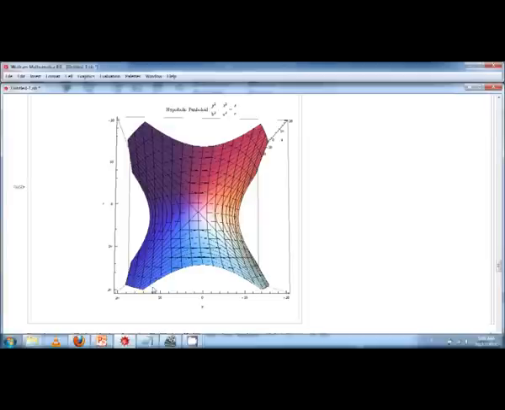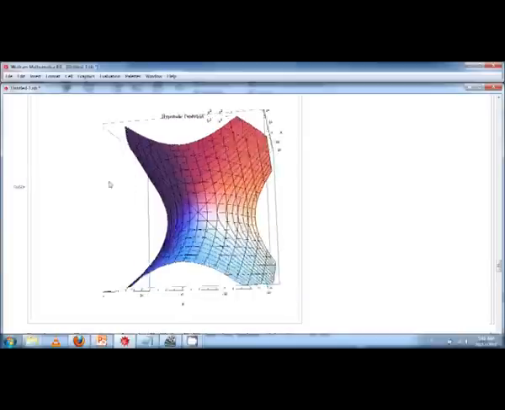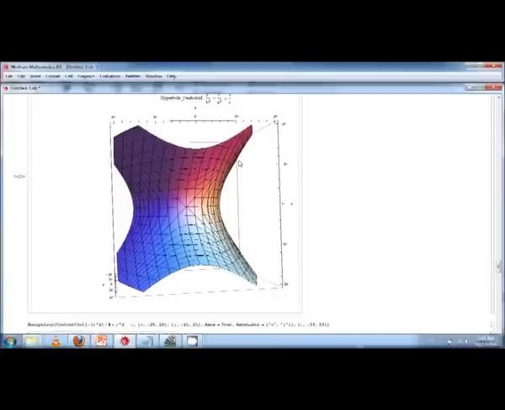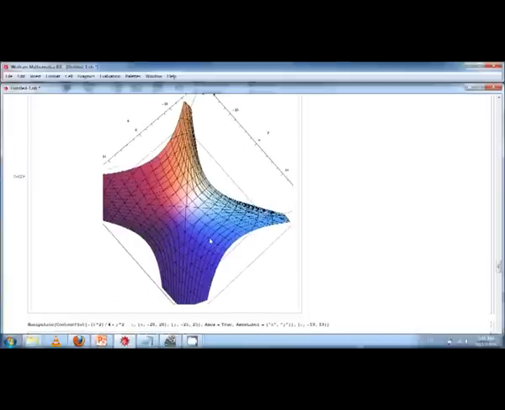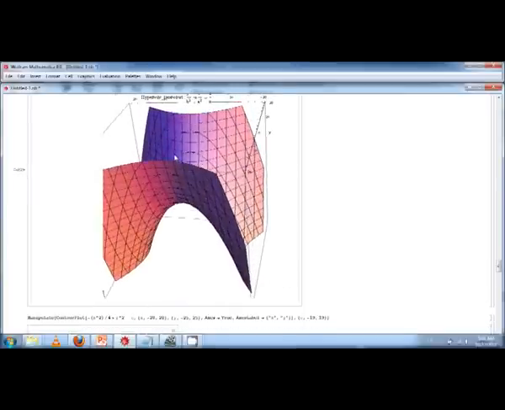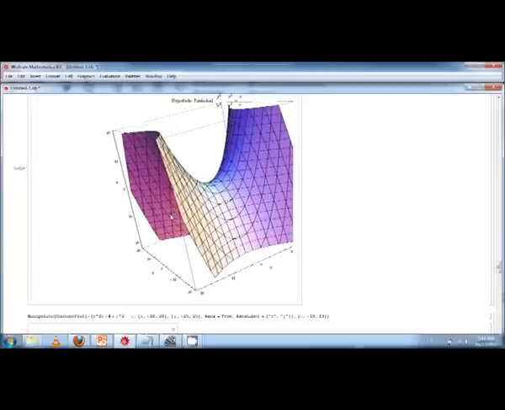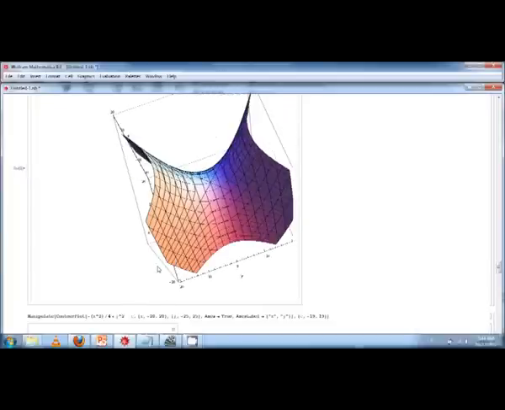This is because z can take any value. If z is equal to a positive number, then this would be the hyperbola. But if z takes on a negative value, this area here would be the hyperbola. Also notice that if z is equal to 0, which is at the middle point here, the two lines are defined.